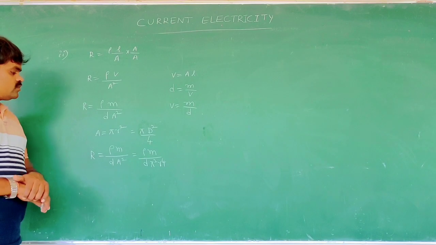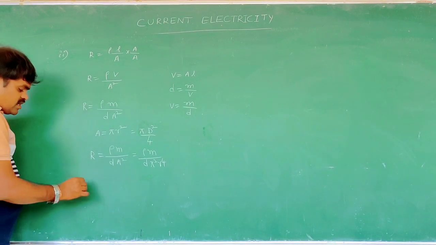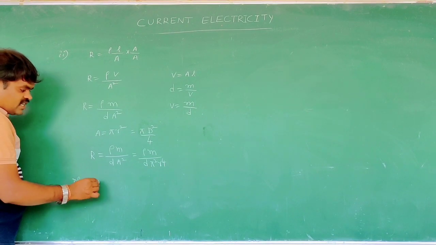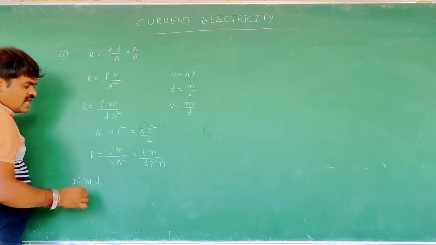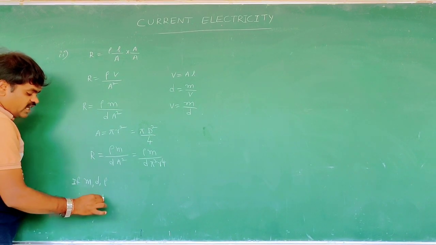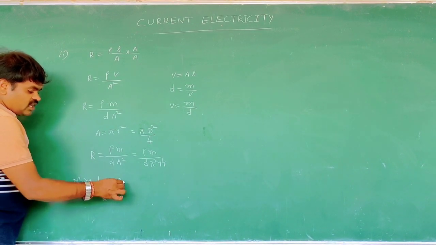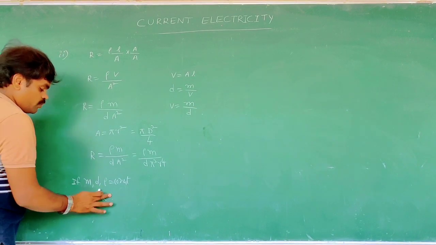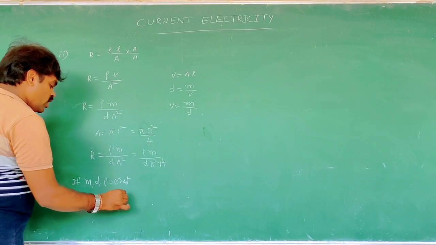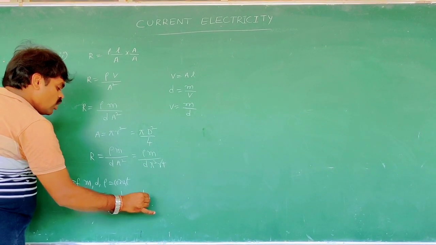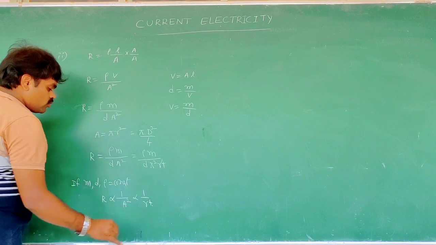Here we have the mass. If the mass, density and resistivity of the conductors are constant, then the resistance R is proportional to 1 by A square, which is proportional to 1 by r power of 4.